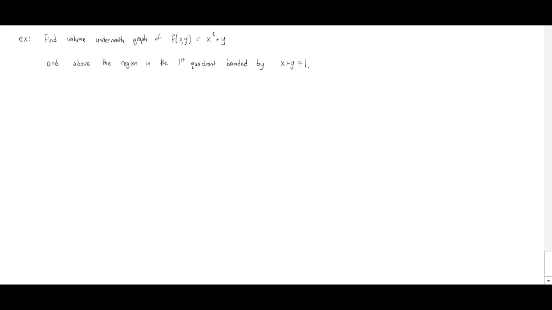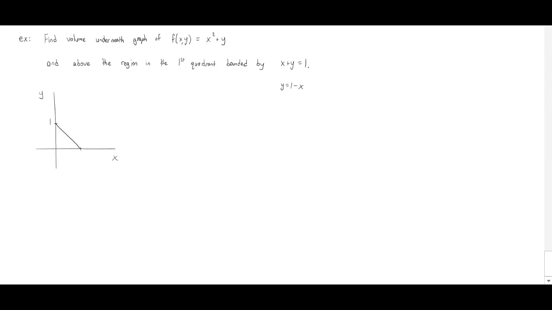So I'm going to draw a picture of my region. Okay. Okay, so it's in the first quadrant, and this is y equals 1 minus x. So it's a line, y-intercept is 1, slope is negative 1, so it's going to go basically straight down to 1 like that.